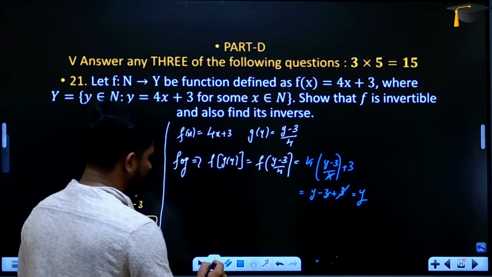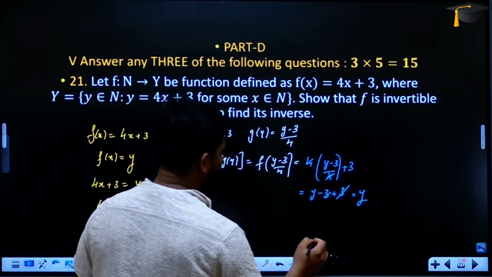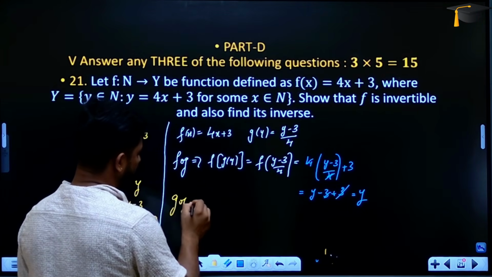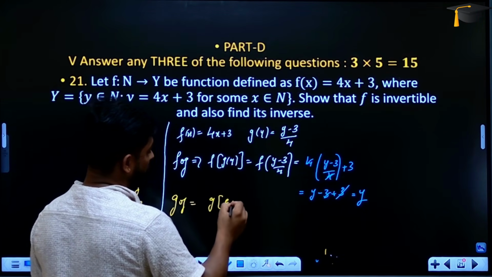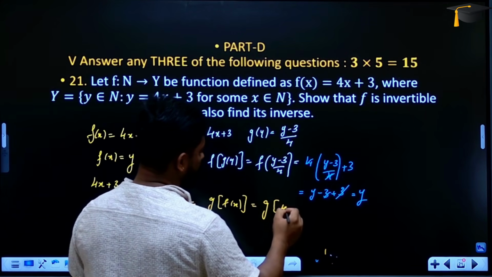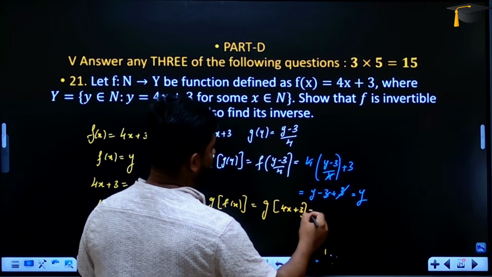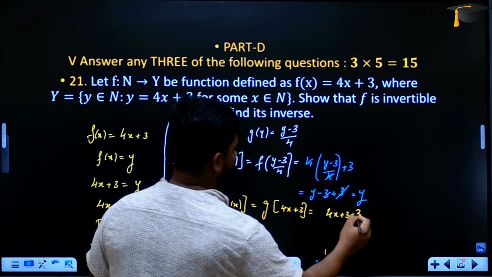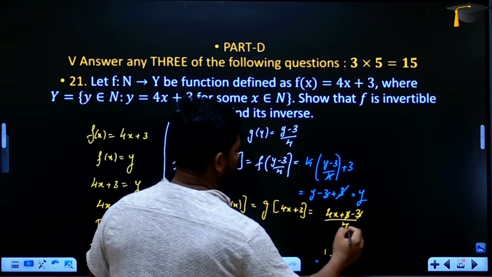Okay. Next is same like this. You have to find out gof. So gof, that is g of f of x. So g of 4x plus 3. So it is 4x plus 3 minus 3 divided by 4. Minus 3 cancel.